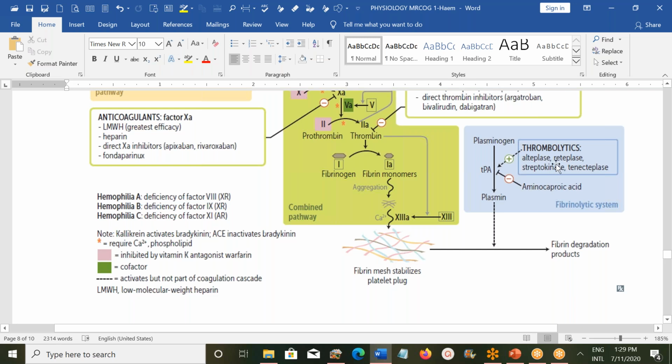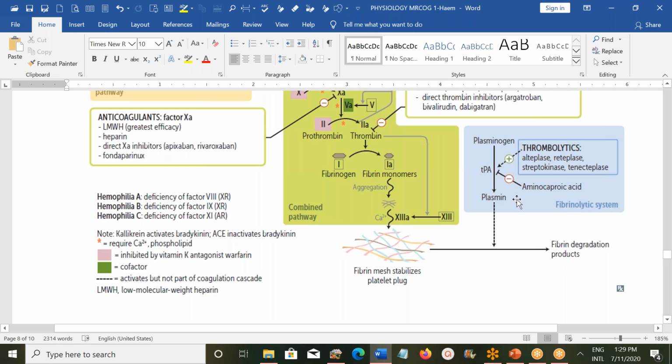So thrombolytics like reteplase, alteplase, streptokinase, and tenecteplase promote the action of tissue plasminogen activator, and then plasmin will be there. This mesh is broken down, so fibrin degradation products are formed. This is the fibrinolytic system.